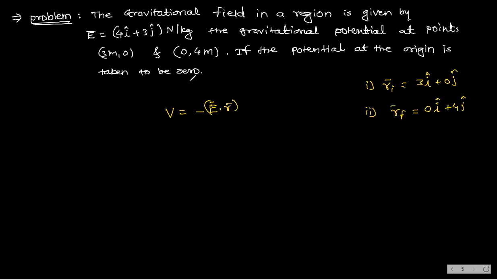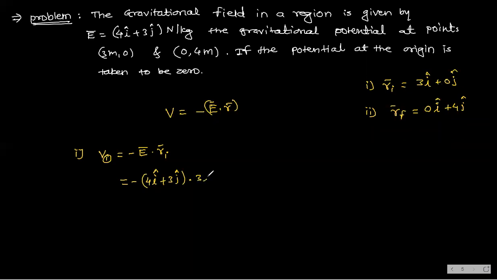Yes, sir. And E bar is already given. So in the first case, phi is equal to minus E bar dot R bar. This is initial. So minus E bar, which is 4i cap plus 3j cap, dot 3i cap, since 0 is not necessary.